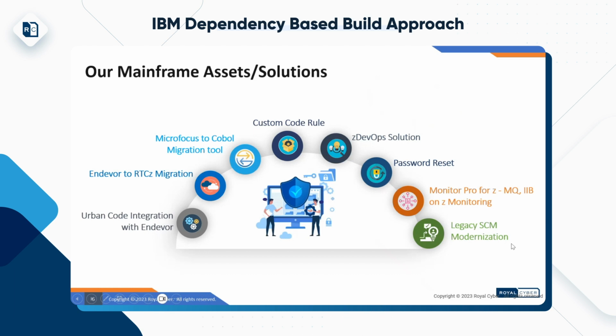The recent asset we developed is a legacy SCM modernization tool, which is an SCM migration tool that migrates application assets from CA Endeavor to distributed modern SCMs like Git, GitHub, GitLab, etc. It's an automated migration utility which migrates the complete application into your latest modern SCM tool. We also developed a similar migration from Endeavor to RTCz earlier, around 2015, when our customers were using RTCz.